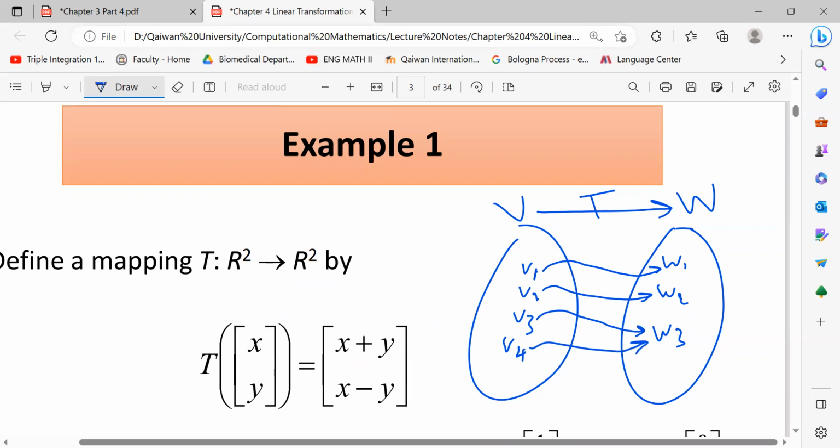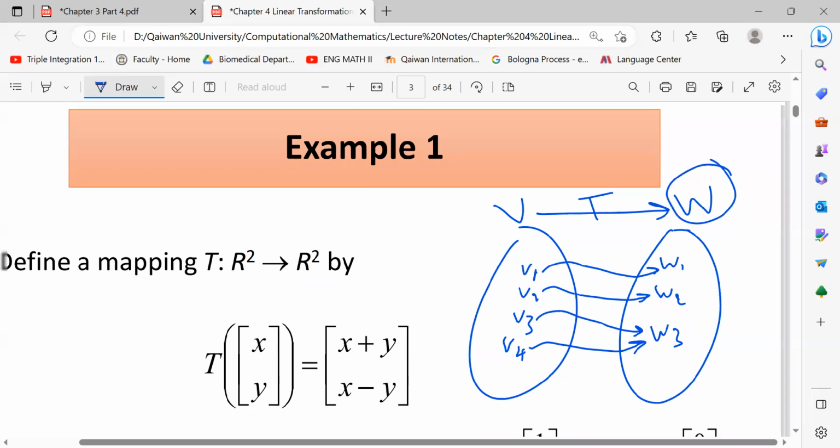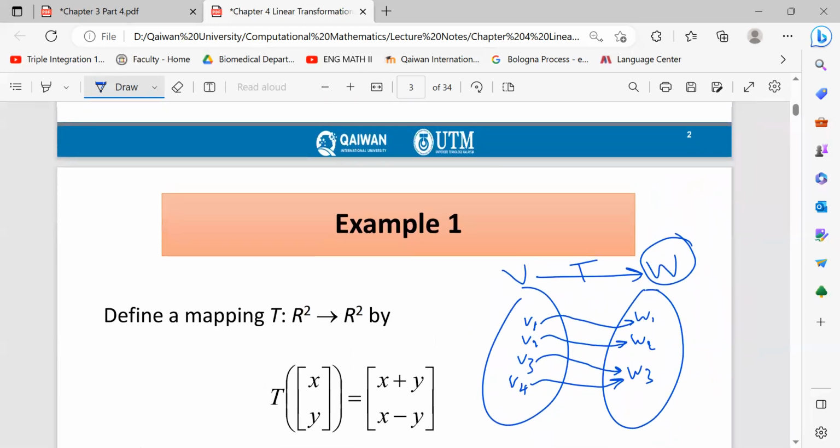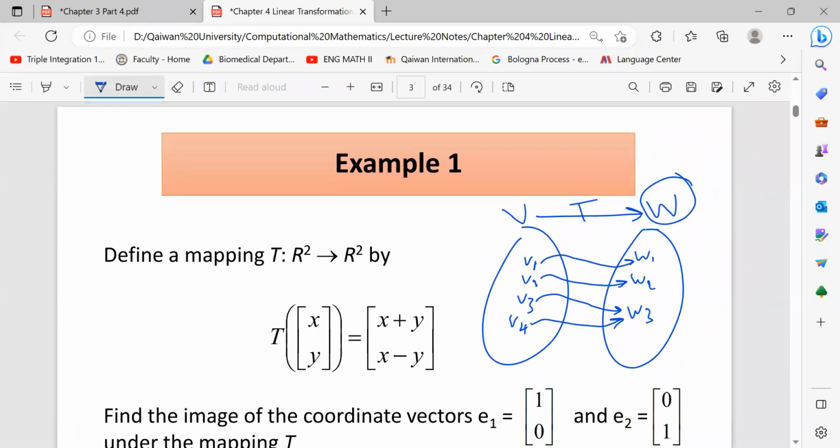Look, here, as you see, we have no more vectors in W which don't get an arrow from vectors of V. That means W is called the range of T. It's called range, okay? But here, V is the domain and W is the codomain.